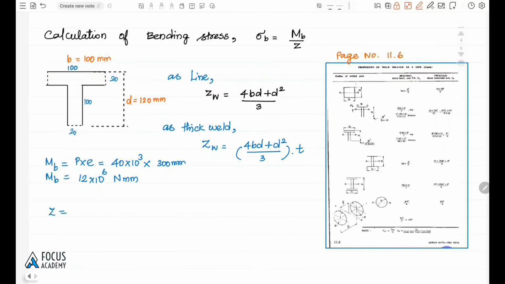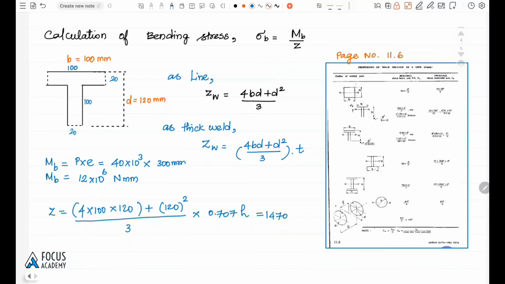So by substituting B value and D value in the Z formula, 4 into B value 100, and D value 120, plus D square 120 square, divided by 3 into throat thickness T, that is 0.707 into height value. So by calculating the given values, Z will be 14705.6 into height.